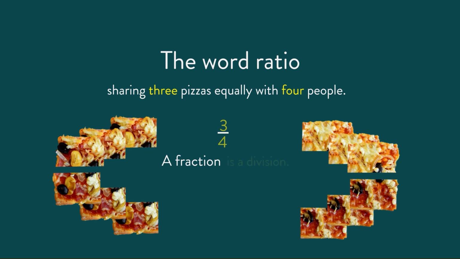A fraction is a division, and this symbolic form of 3 divided by 4 is called the fraction notation of division. We have just seen that to share the total amount, 3 pizzas, equally between 4 people, we need to divide the total into 4 equal parts, then share out the parts equally.